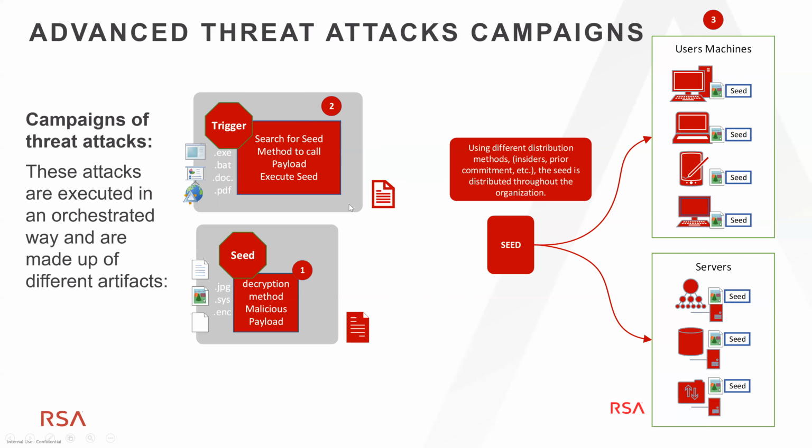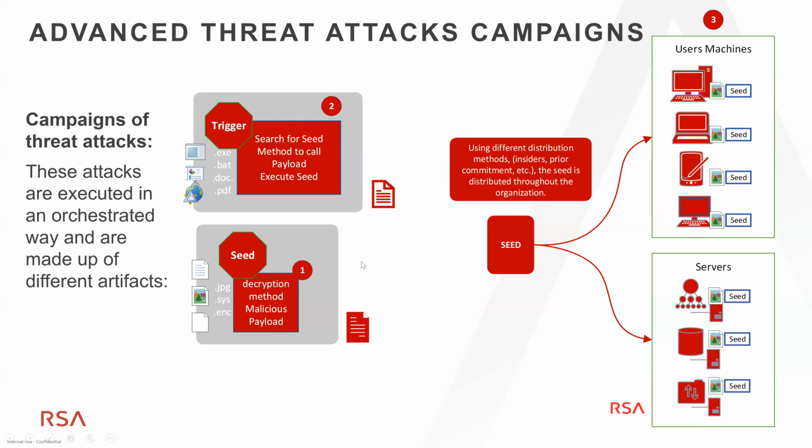This trigger is going to search for the seed that has been distributed before, and then the trigger is going to do the transformation or the method in order to release the real malicious payload.